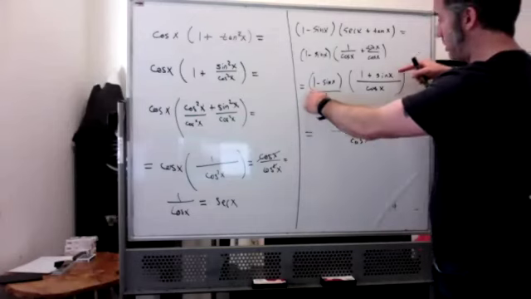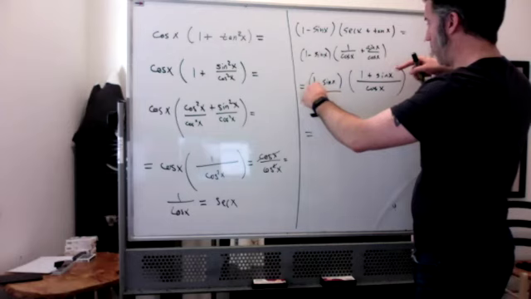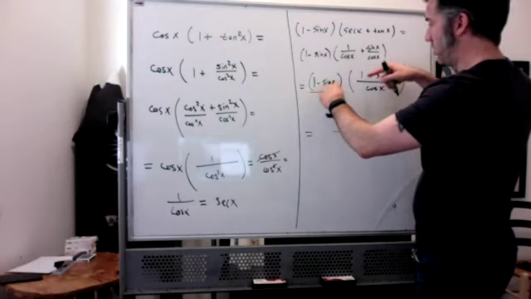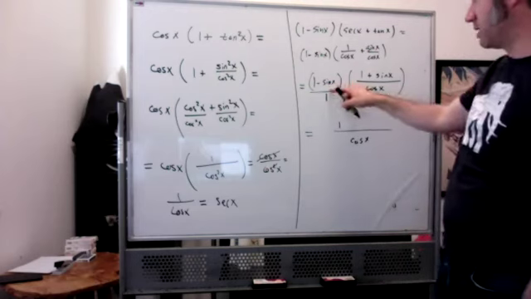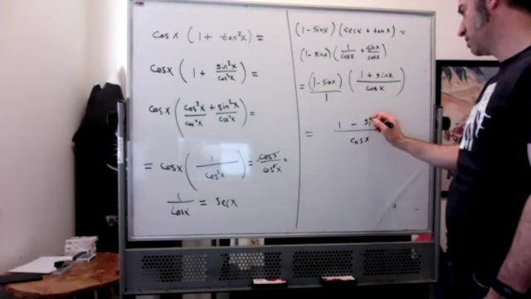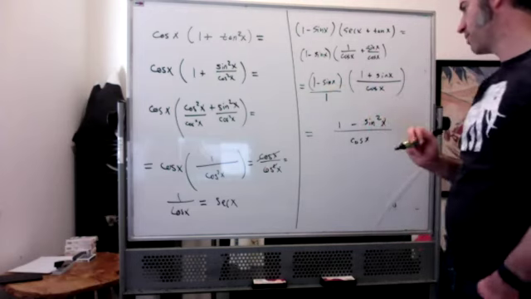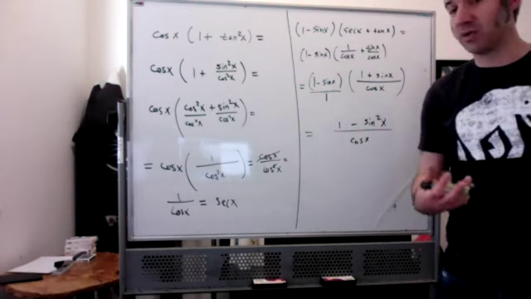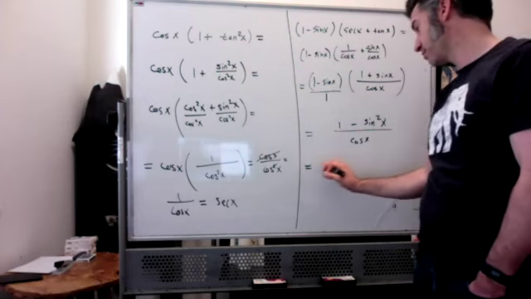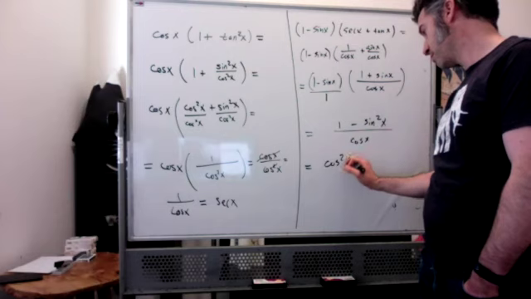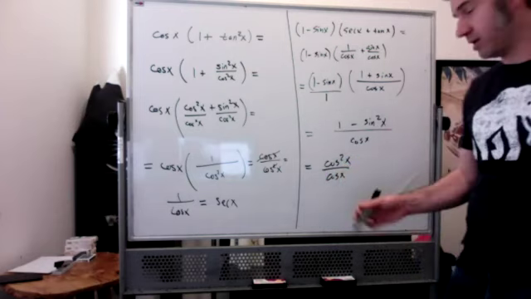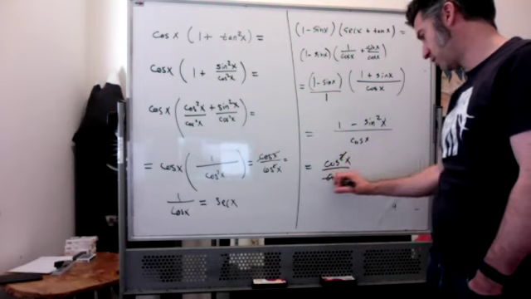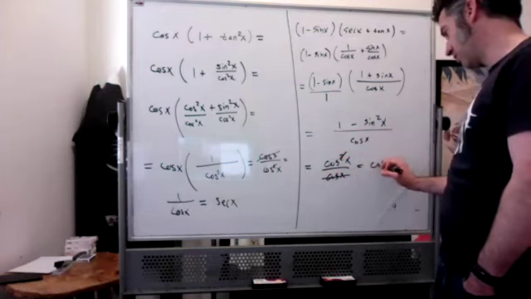You get a 1 times sine and a 1 times negative sine, so you get a sine minus sine, which cancels. And then you get a minus sine times sine, which is minus sine squared x. 1 minus sine squared x is equal to cosine squared x. And then cosine squared x over cosine x, we cancel a cosine on the top and a cosine on the bottom, and we get just cosine of x.